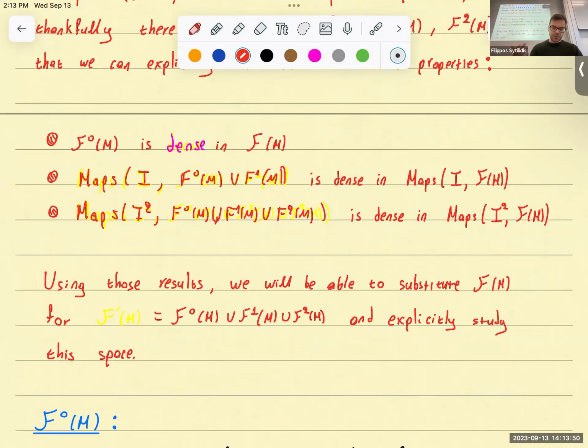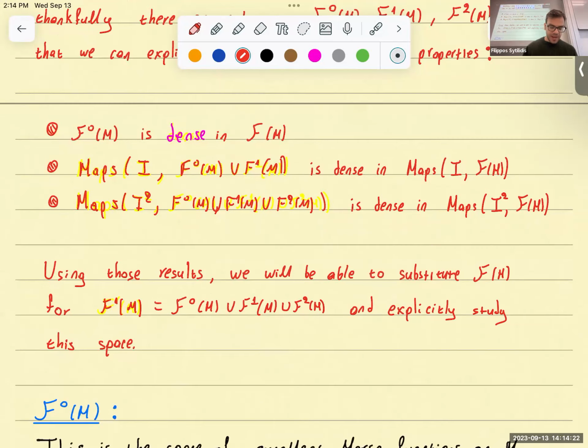And what will that allow us to do? Instead of thinking of all the smooth real valued functions on M cross I, it will allow us to concentrate on this subset F prime of M, which consists of the union of these three things. And this is something that we have a chance to explicitly study. That's the big picture of where we are headed.